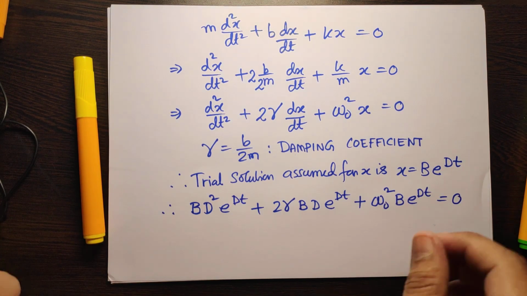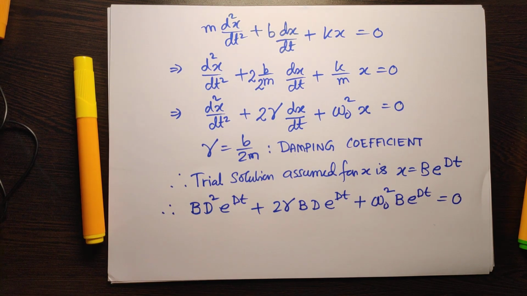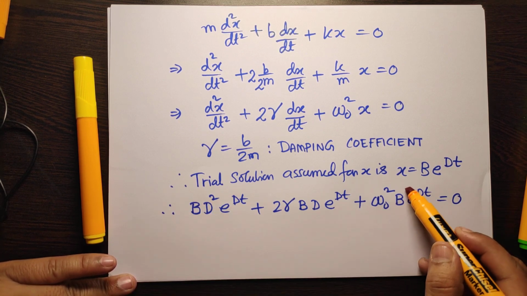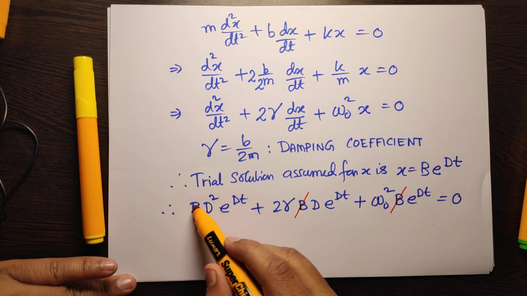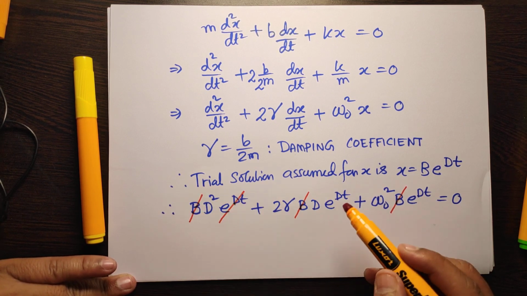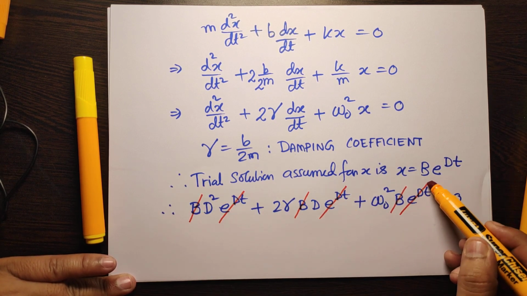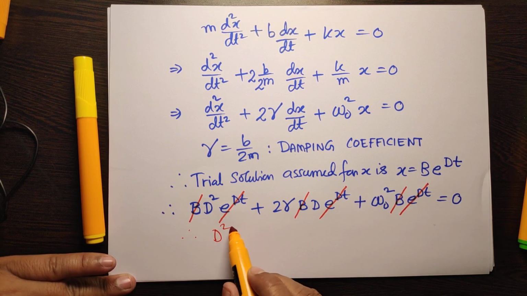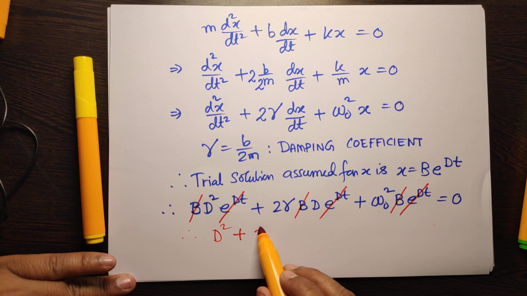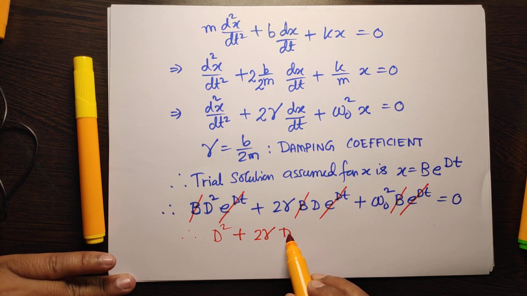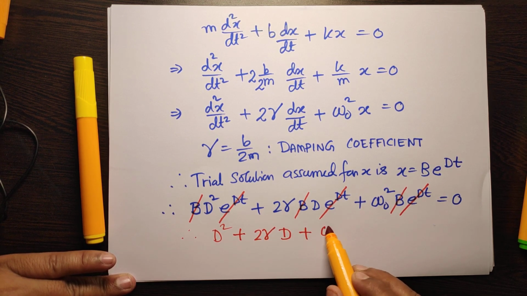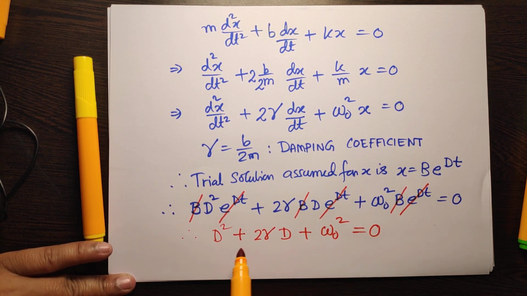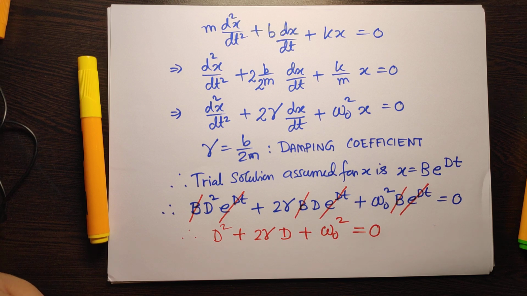The common terms b e to the power Dt go out, and we are left with D square plus 2 gamma D plus omega naught square equal to 0. Now this is a quadratic equation in D.